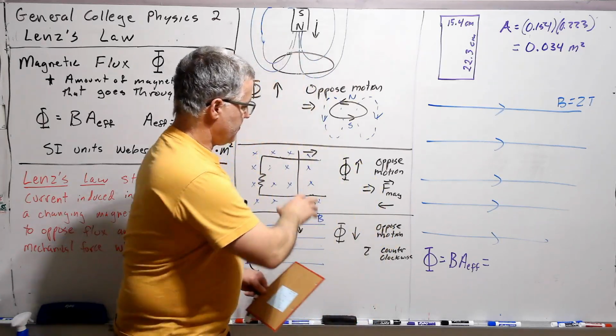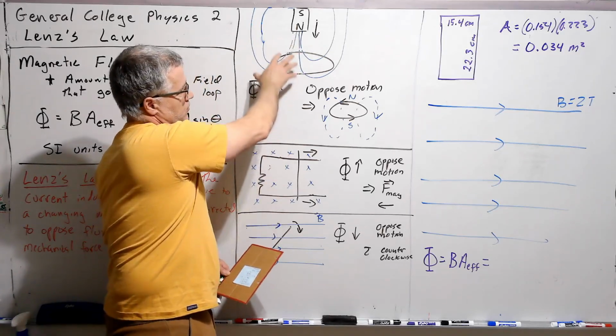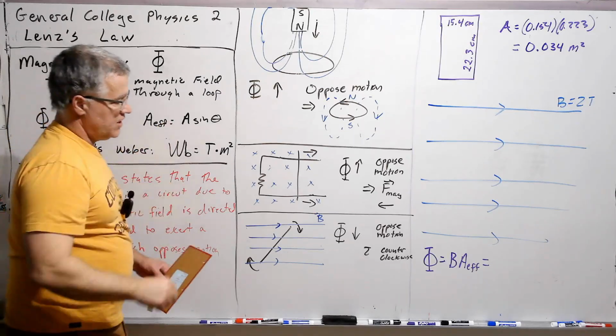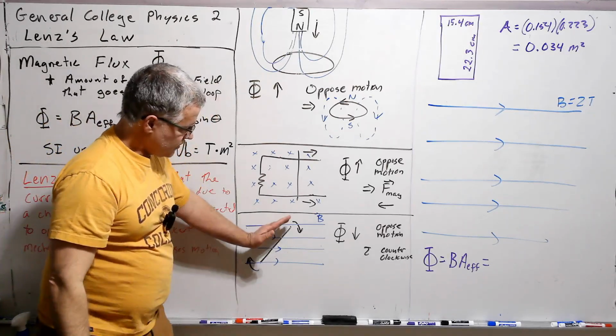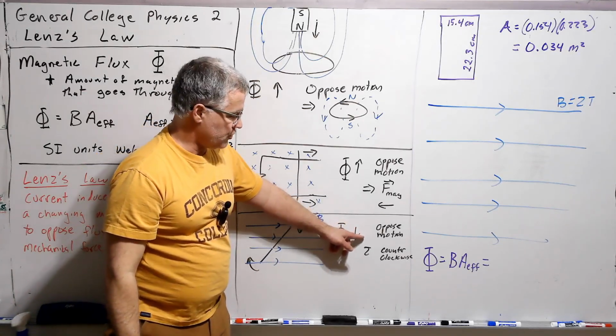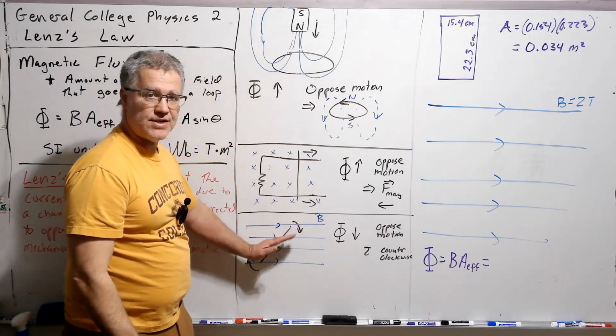So in these two examples, we're seeing a change in the area. In the first example, we're seeing an actual change in the field. So either of these two things can change in order to change the flux. So as this were to dip down, the flux is decreasing. We want to oppose motion, so we would get torque in the counterclockwise direction.